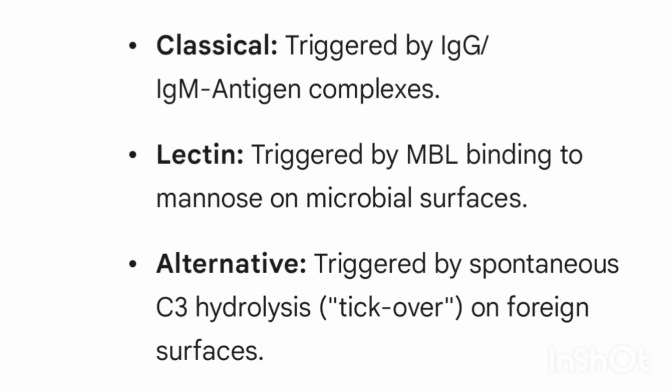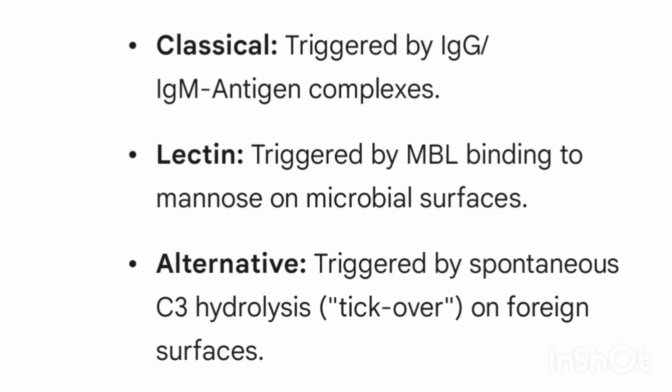The classical pathway involves IgG and IgM antibodies. Note the point, antigen-antibody complexes trigger the classical pathway in the complement system. So the antibodies involved in the classical pathway are IgG and IgM.